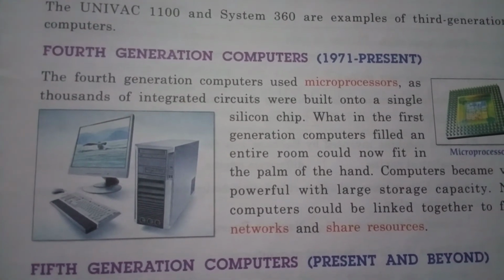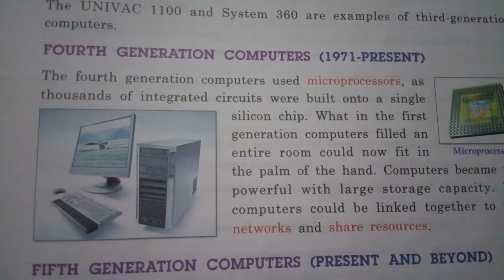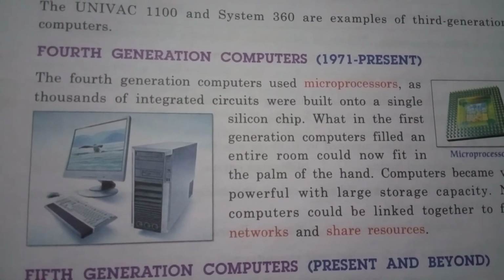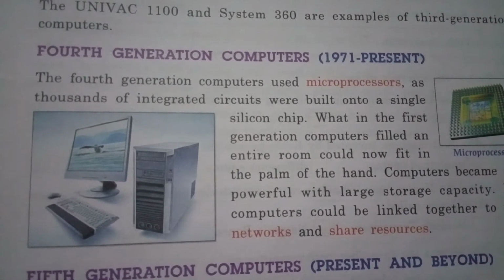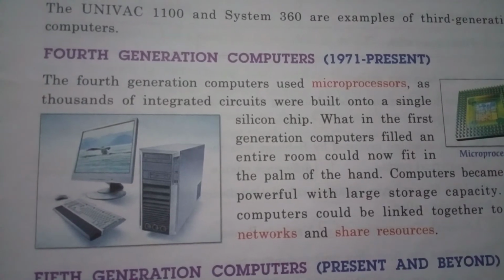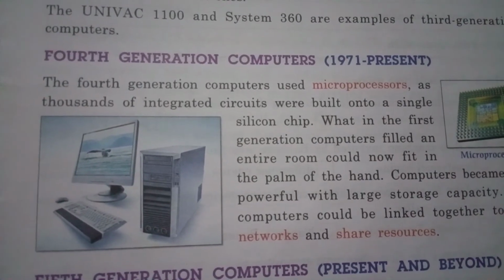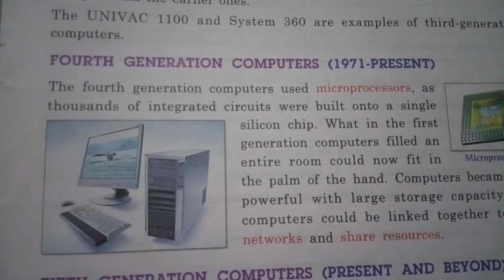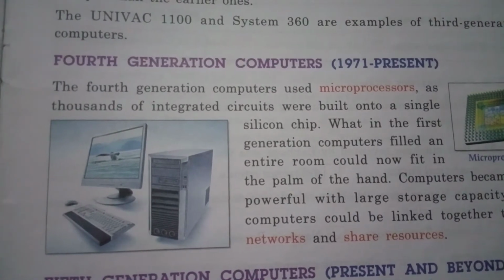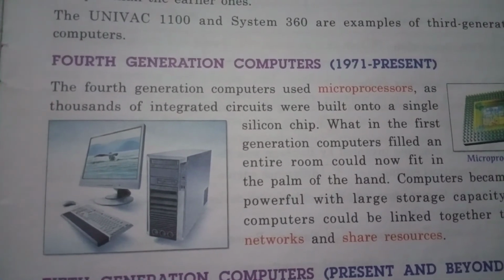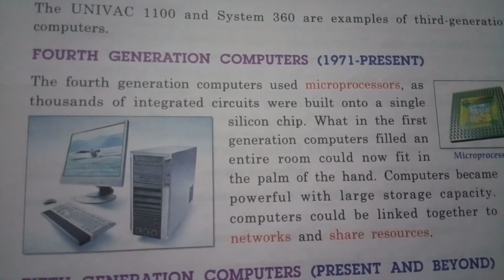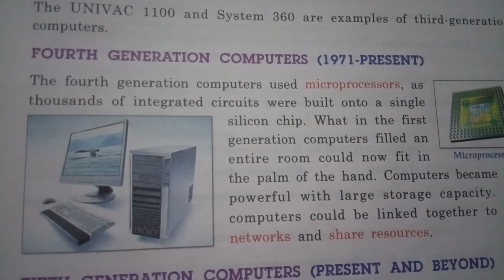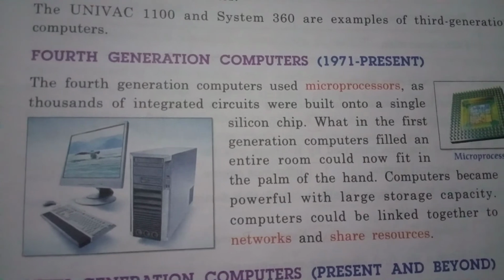Now they can store a large amount of data. The results given by them are also accurate. Power consumption is very less. Means you can see these computers in your computer lab also. Okay.